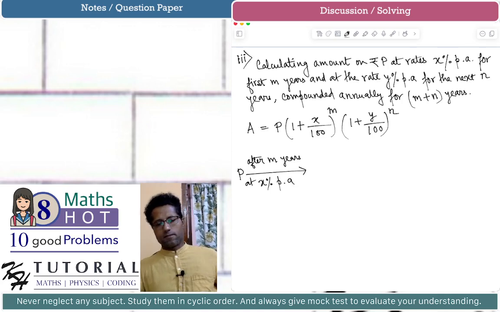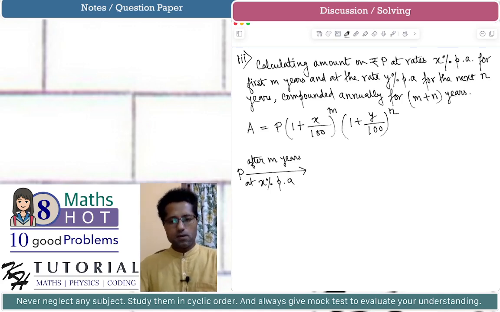So based on the principal P, what will be the amount where the interest is being compounded annually after m years, where the rate is X% per annum. So this is definitely the formula. The formula for amount will be A1 is equal to P multiplied by 1 plus X by 100 to the power m.